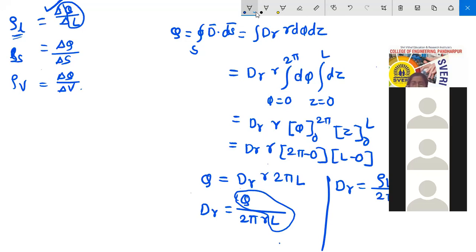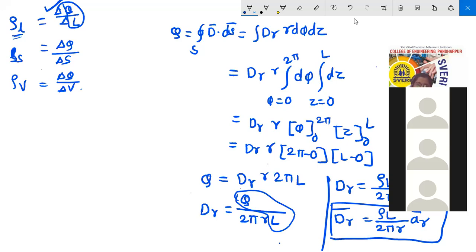Or if we consider that a vector quantity, this D bar can be written as rho L divided by 2 pi r into unit vector a bar r. Also, we can write the equation for E bar.